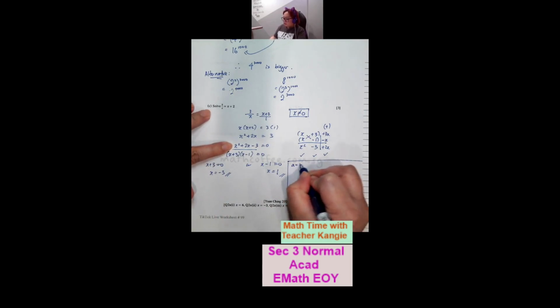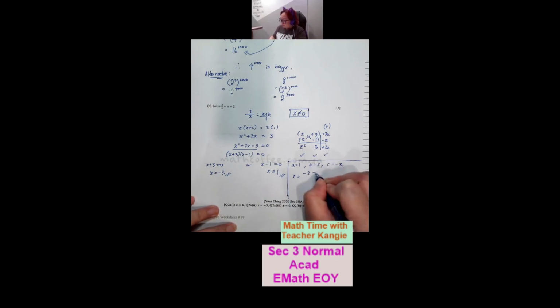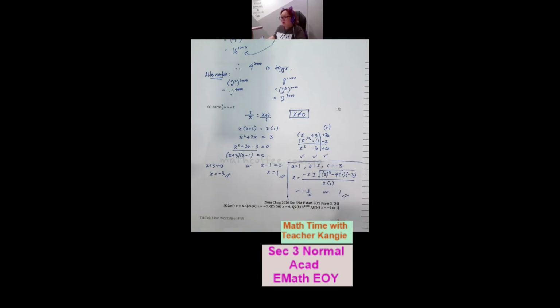My A is 1, my B is 2, and then my C is negative 3. So my x will be minus b, so minus 2, plus minus square root of b squared minus 4ac, over 2a. And of course, you will eventually get minus 3 or 1. Because it's the same equation, of course, you will get the same solution.